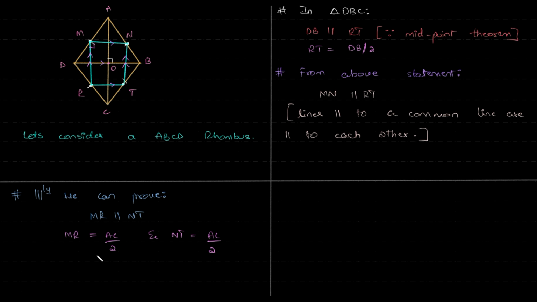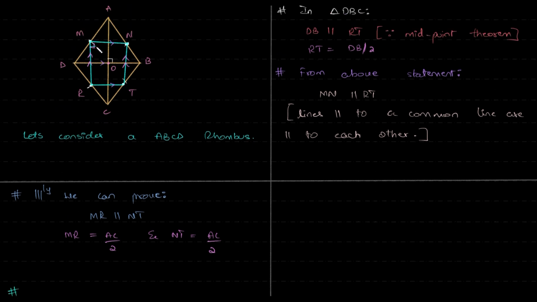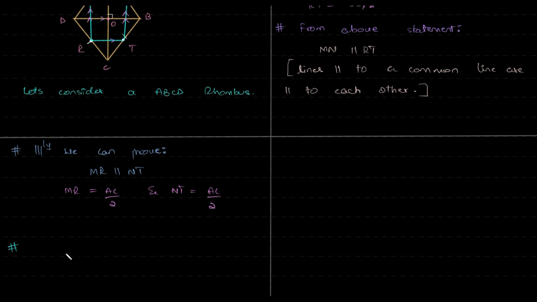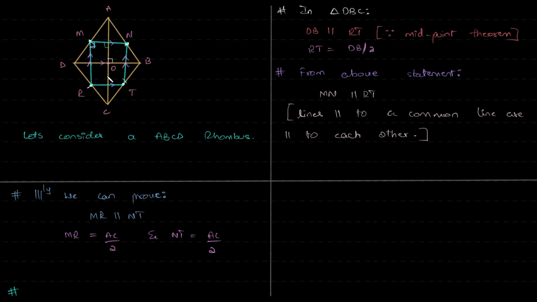So next we have, how can we prove that angle M is 90 degrees? Basically the diagonals are at 90 degrees, right? And these two lines are parallel, so the corresponding or alternate interior angles, whatever you want to call them, are equal to 90 again. Then we have AC being parallel to MR, so these two angles will add up to 180 degrees, and so this will be 90 degrees.